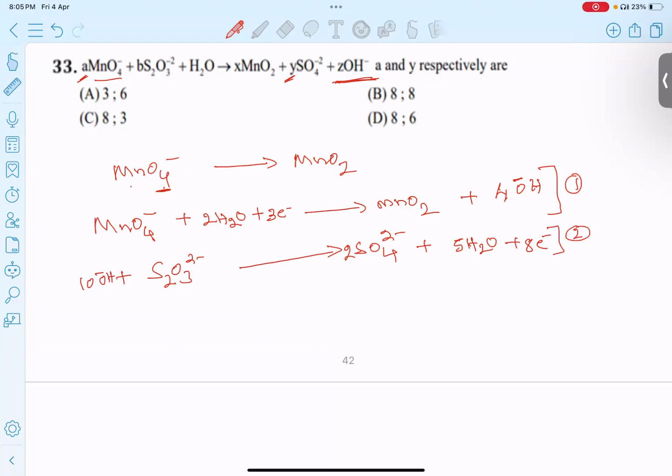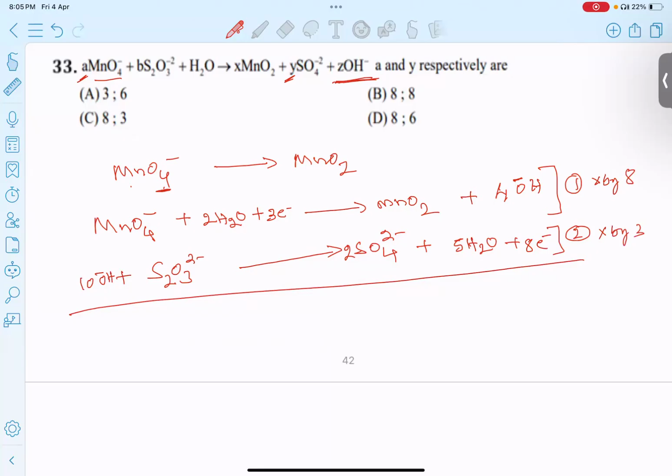In both the equations, redox reactions, the number of electrons lost is equal to the number of electrons gained. To equalize the number of electrons lost and gained, equation number 1 is multiplied by 8 and equation number 2 is multiplied by 3.